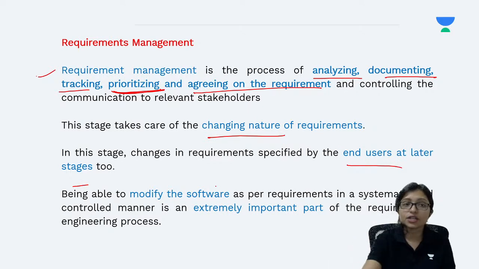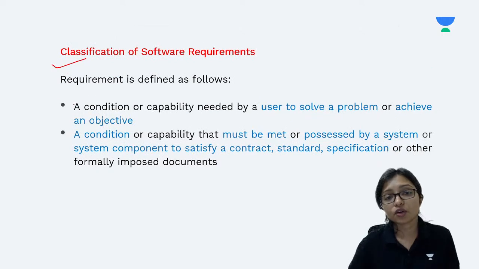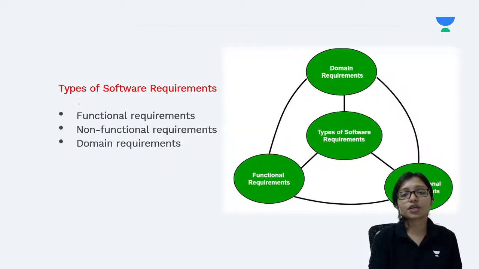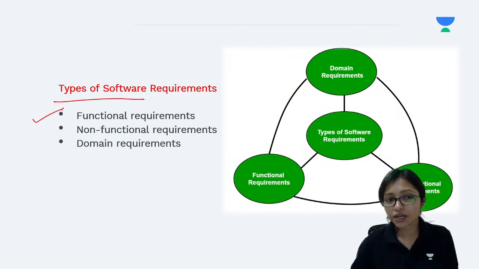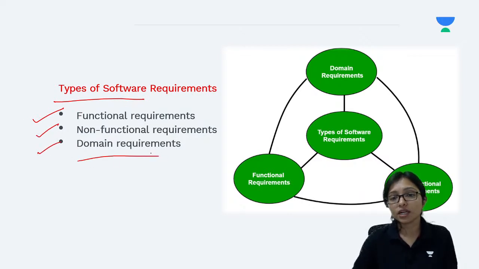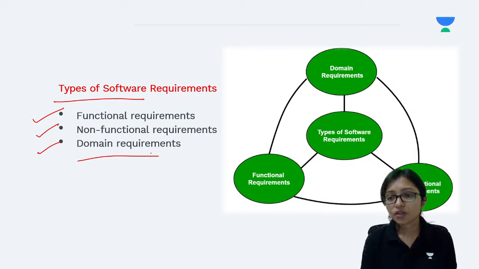Now the classification of software requirements. When we come to the classification, there are three types of software requirement: functional requirement, non-functional requirement and domain requirement. So what do you think, which requirements are functional requirements?